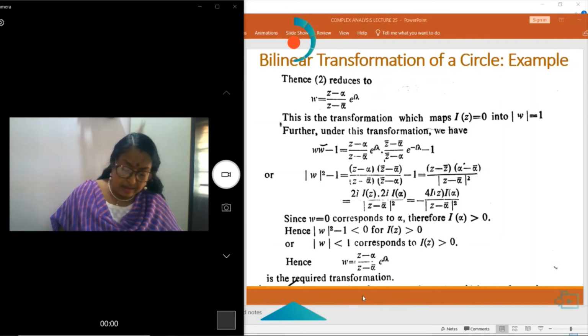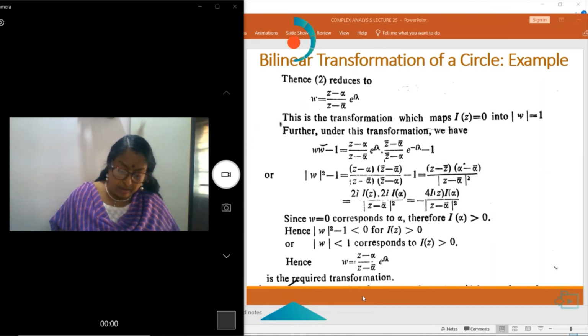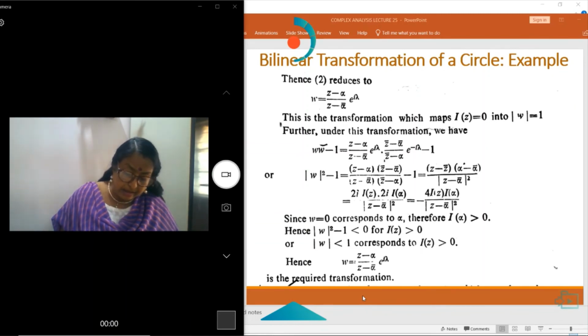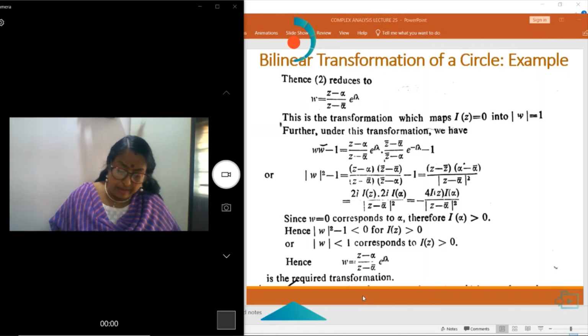So mod W whole squared minus 1 is less than 0. Substituting these values in the identity above, W squared minus 1 is the negative of this, since I alpha is greater than 0 when W is equal to 0.